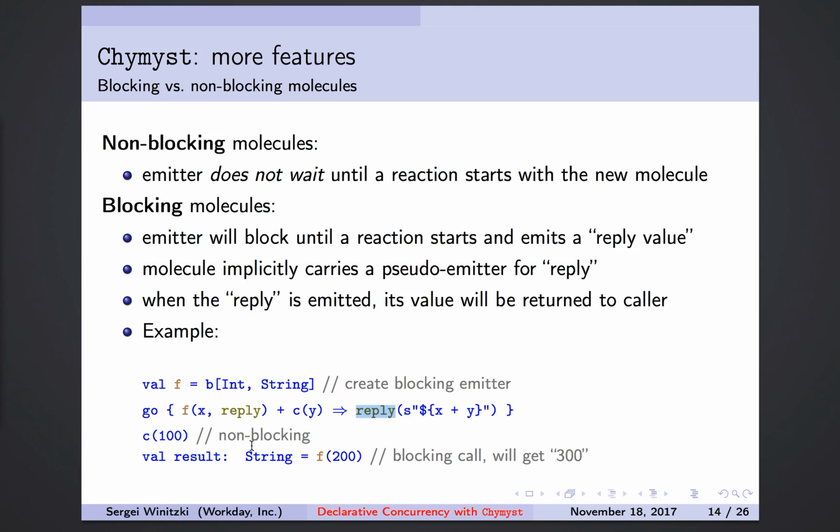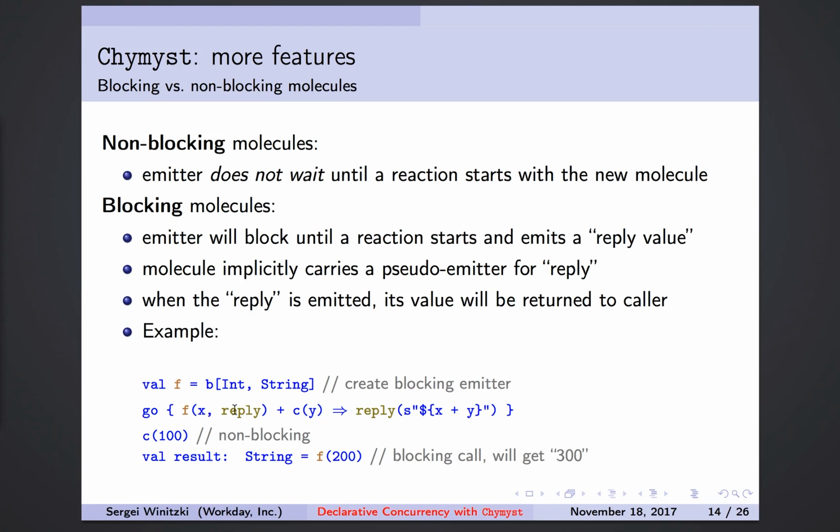So here's how you use it. You emit the molecule with an integer value, just like a normal molecule. You emit this molecule, which is non-blocking. But while this call is going to return immediately with a unit value, this call will block until this reaction can start.